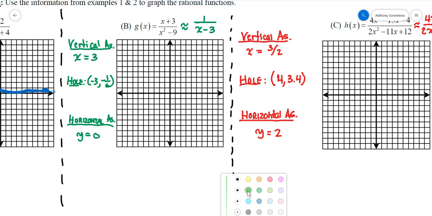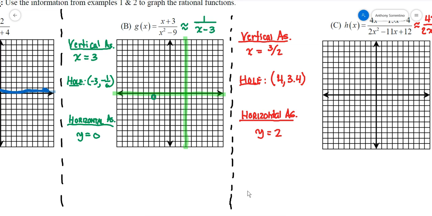X equals 3 as a vertical asymptote. I have y equals 0 as a horizontal asymptote. And I have the point -3, -1/6 as a hole. So -3, -1/6 will say is about here-ish. And I am going to indicate it with an open circle.